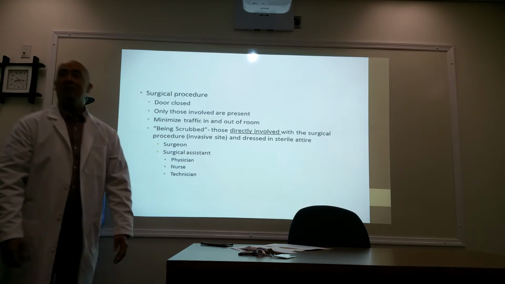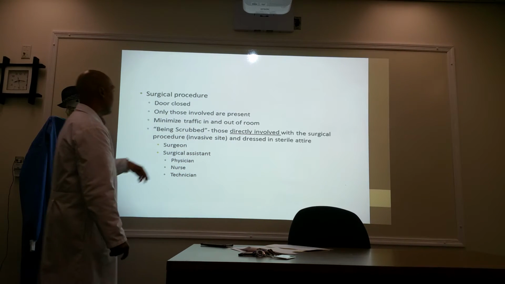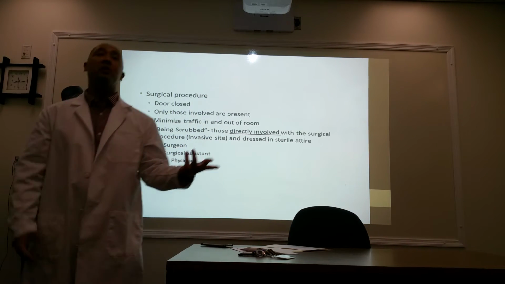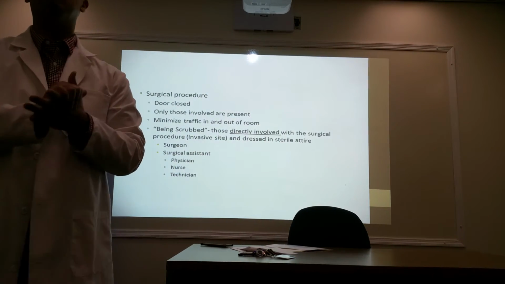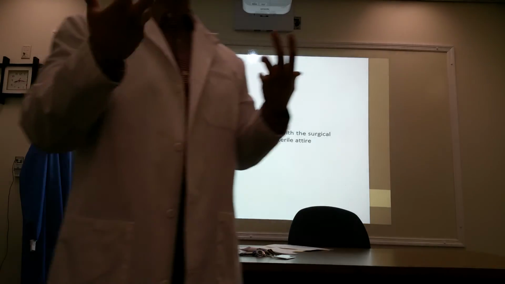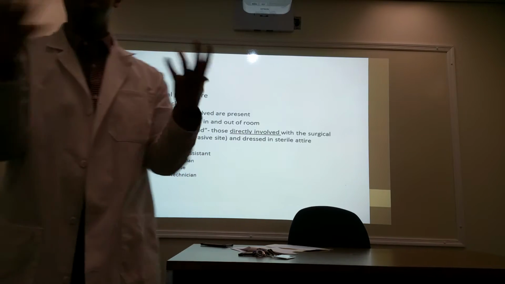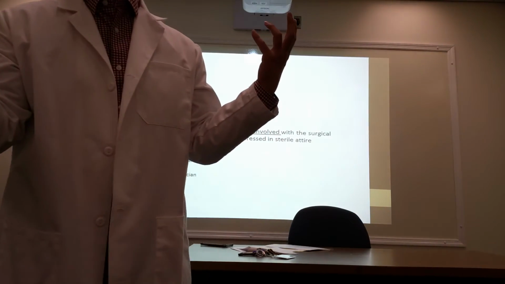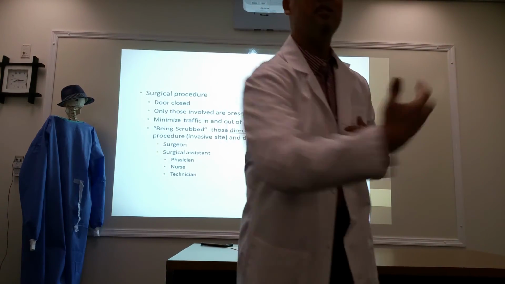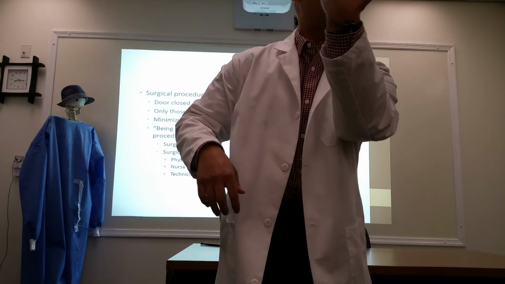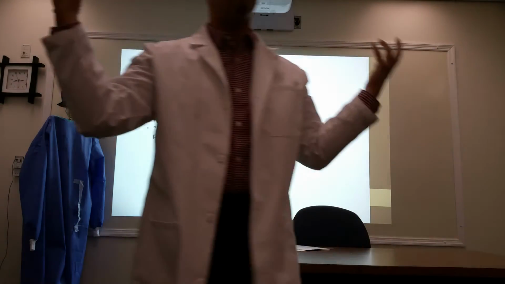All right. So what's going to happen now is those that are being scrubbed are the ones who go to the sink. They're washing their hands. And it's not just a normal wash. You're going to be using special antiseptic agents to remove any remaining microorganisms on their hands. You've seen it in the movies, right? You've got the doctors and surgeons at the sink, washing their hands, rinsing their arms, underneath the water, and letting the water drip down their arms and down their elbow.